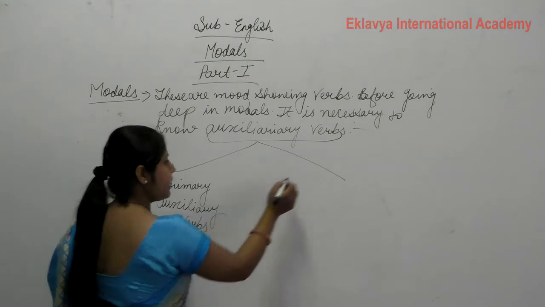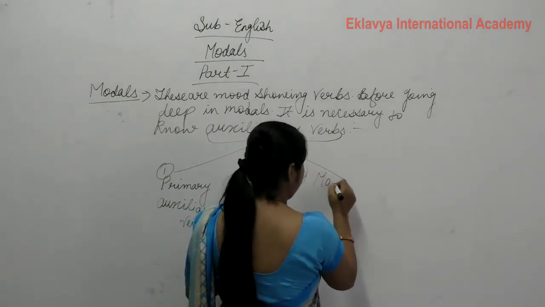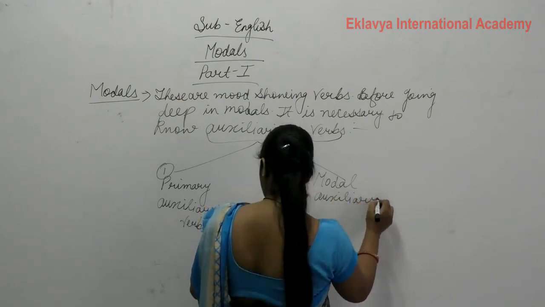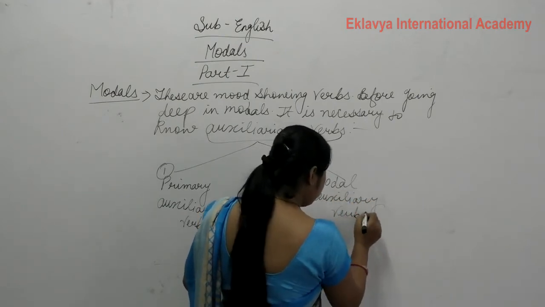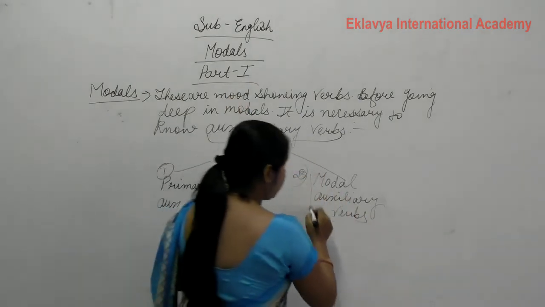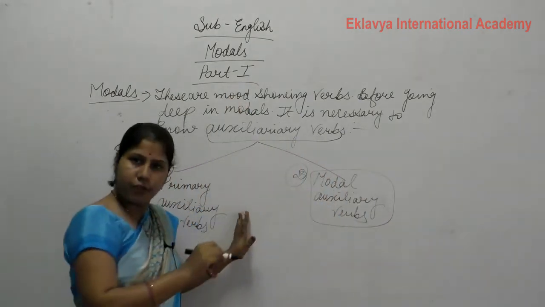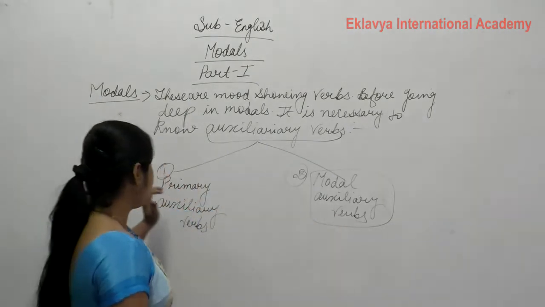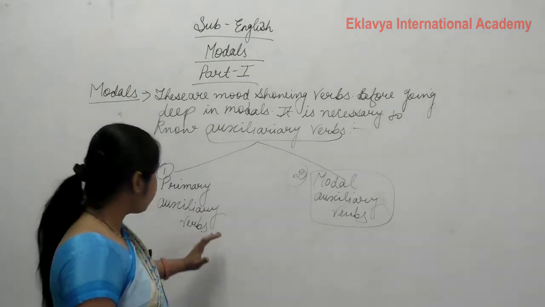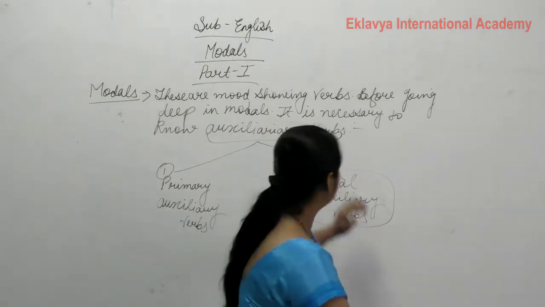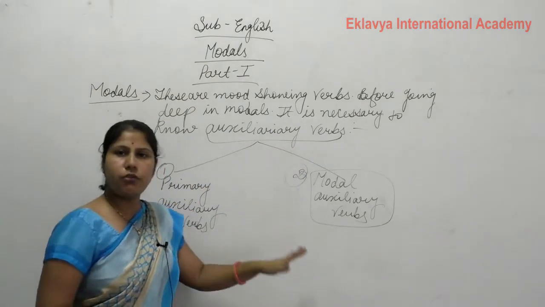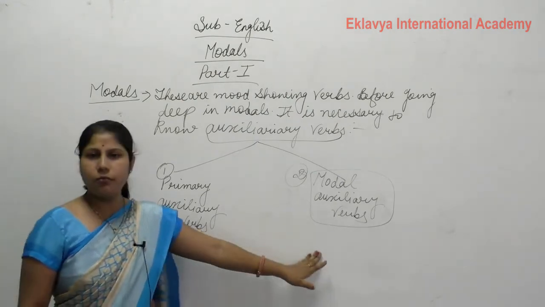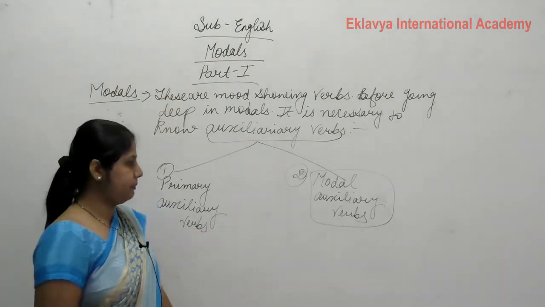And another one is modal auxiliary verbs. Clear? So, our chapter is based on modal auxiliary verbs. Today we discuss modal auxiliary verbs, and also primary auxiliary verbs. So, this is the definition. We divided it into two parts. First is primary auxiliary verbs and another one is modal auxiliary verbs.